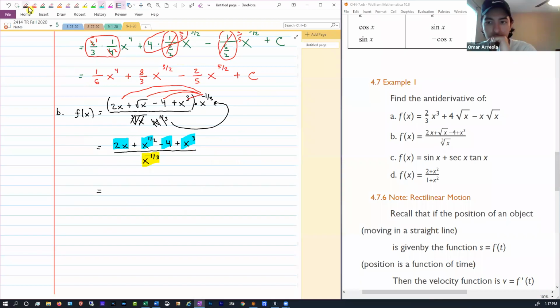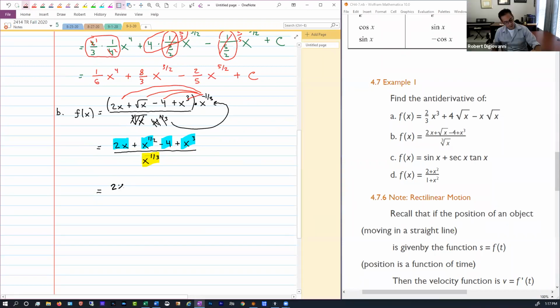You can turn this into 2x over the denominator plus x to the half over the denominator minus 4 over the denominator plus x cubed over the denominator.